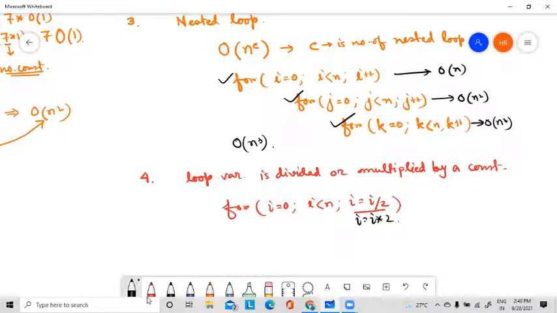So 2 is the constant value and we are either dividing or multiplying. In these two cases, in most cases, the time complexity becomes logarithmic, log n. So these are the different techniques from which we can easily understand what the time complexity of a particular algorithm should be.